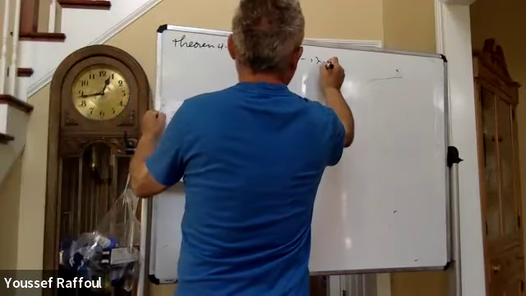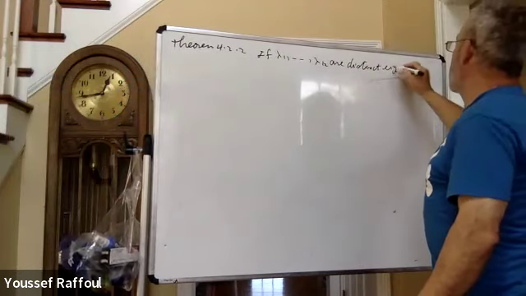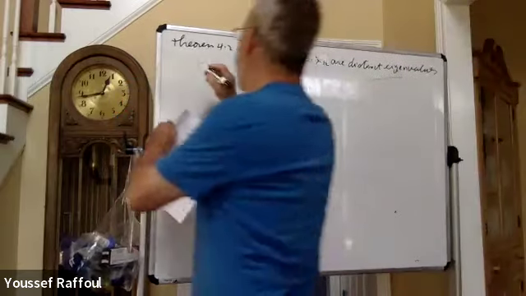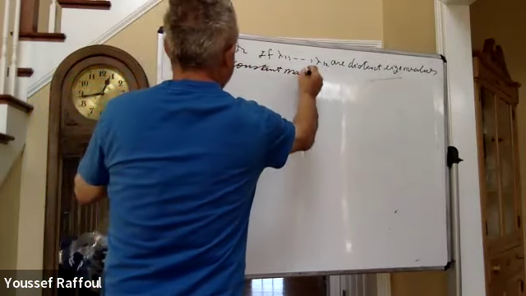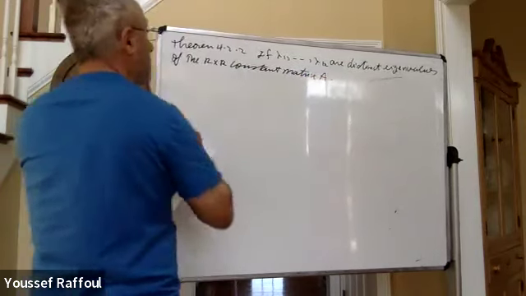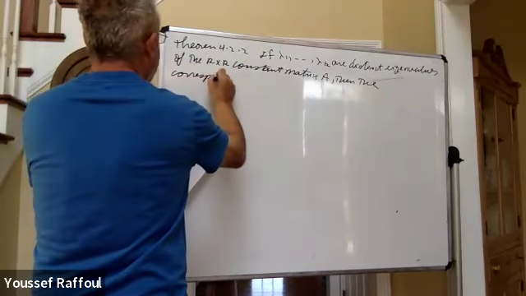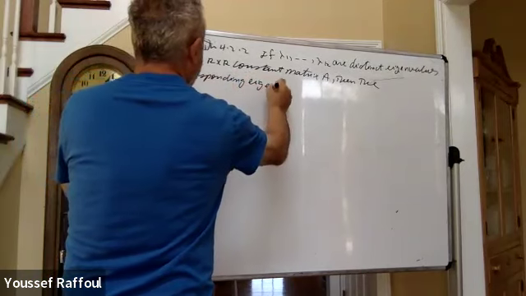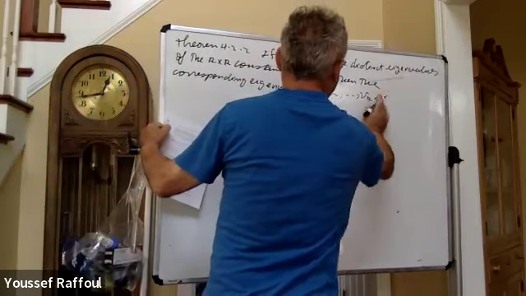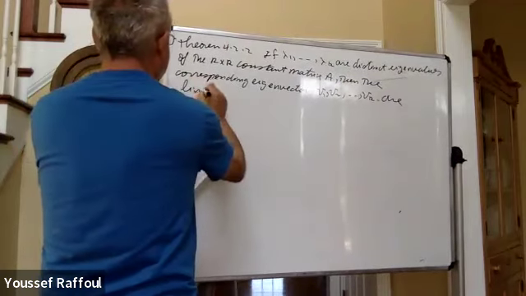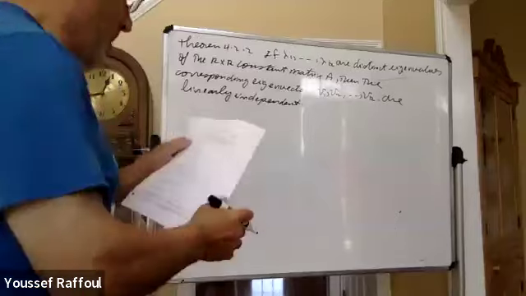If lambda 1 to lambda k are distinct eigenvalues of the k by k constant matrix A, then the corresponding eigenvectors v1, v2, to vk are linearly independent.